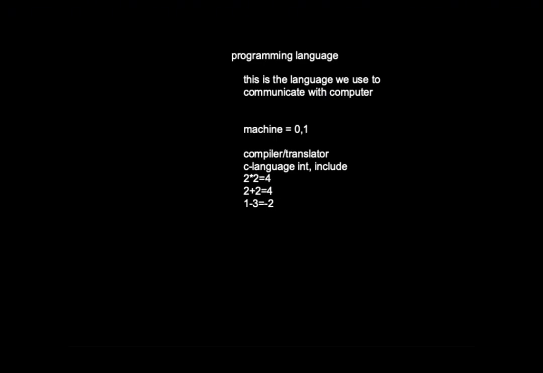So let me now explain interpreter. The difference between this and interpreter is that interpreter does not take every piece of information at the same time. It's like a human interpreter.